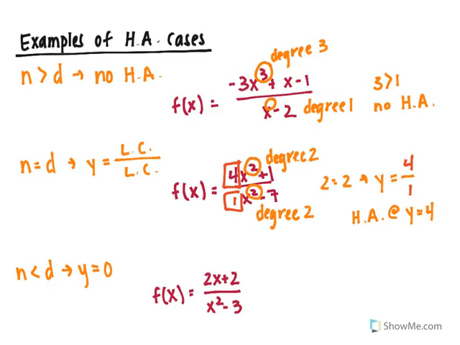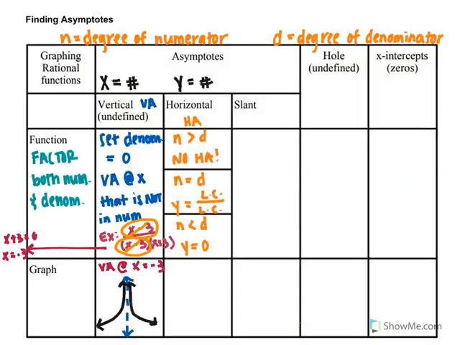As we can see, the degree of the numerator is 1 and the degree of the denominator is 2. So because 1 is smaller than 2, that means our horizontal asymptote is at the line y equals 0. And it will always be at the line y equals 0, so the x-axis, when the numerator is smaller than the denominator. So let's go back to the table so we can draw an example here.